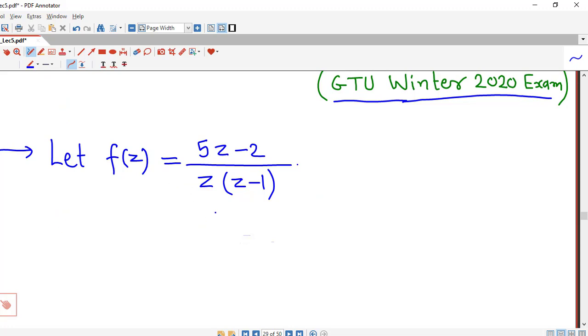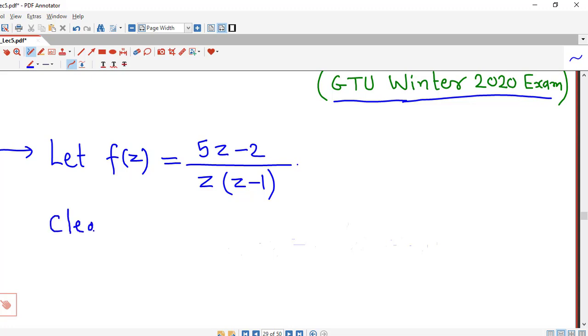So f of z is not analytic at those points for which this denominator becomes 0, that is, it is 0 if z equal to 0 and z equal to 1. So z equal to 0 and 1 are the only points at which this function is not analytic.